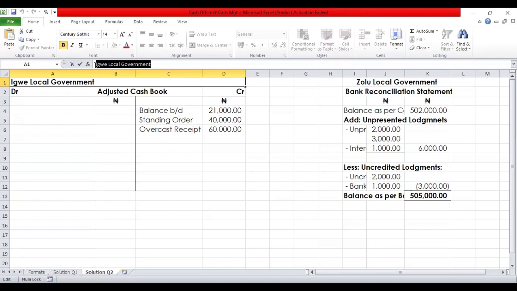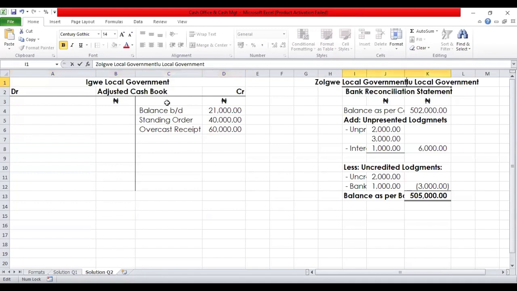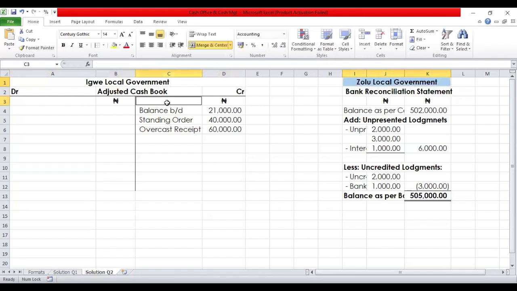you have an account. You withdraw money from this deposit account. Mistakenly, you recorded it in the current account of your cash book. What error is that? Compensating error. Why did I call compensating error the other time?